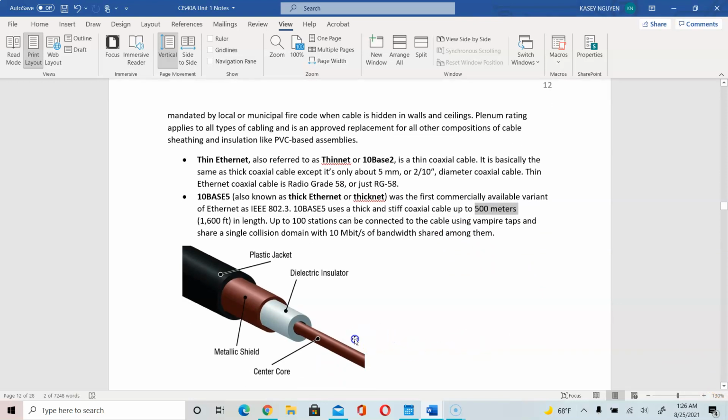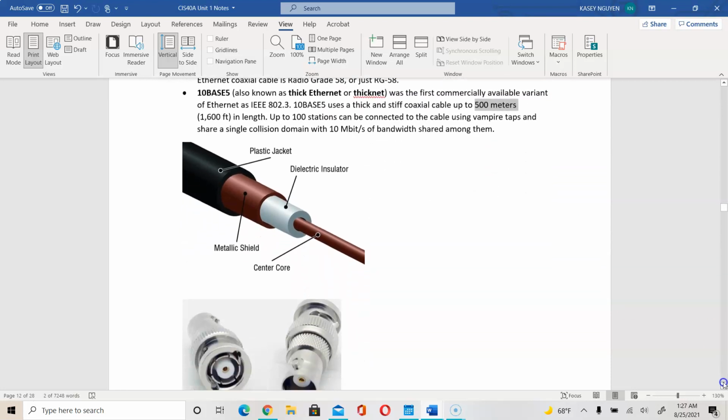So the center core is of significance in that it determines whether it is a thin net or thick net. Way back when, we would use coaxial for a lot of interconnectivity, and currently I think a lot of residents still use coaxial to connect.